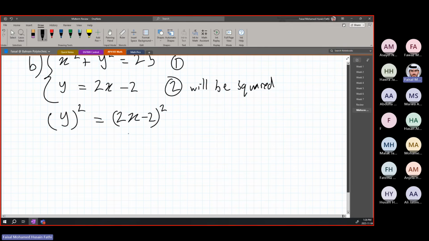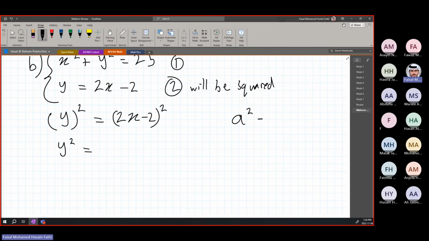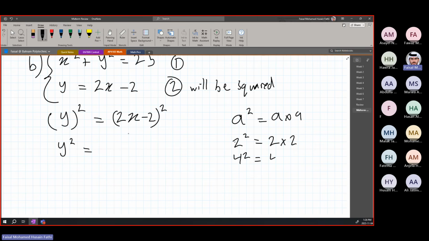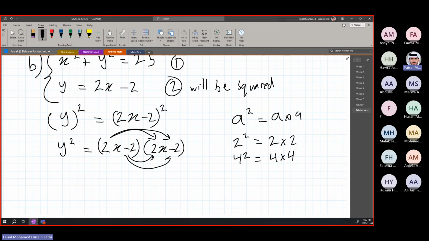So if we continue, y squared is equal to any number squared. Let's say a squared is basically equal to a times a. So 2 squared is equal to 2 times 2. 4 squared is equal to 4 times 4. I'm pretty sure all of you know that. So 2x minus 2 squared is simply 2x minus 2 times 2x minus 2. And then you're just going to do distribution to solve this equation. Okay?